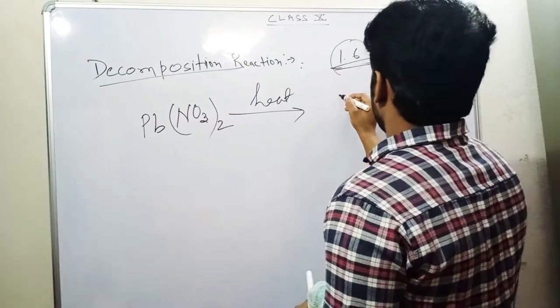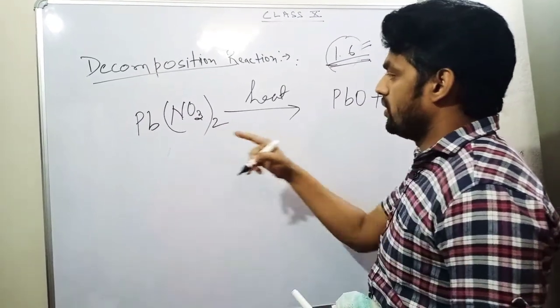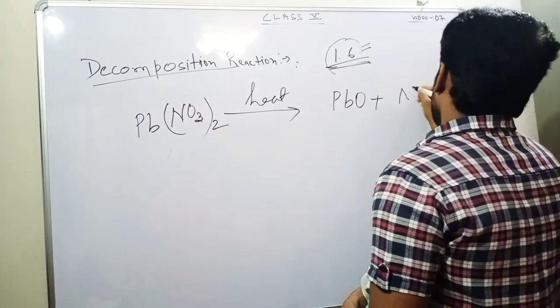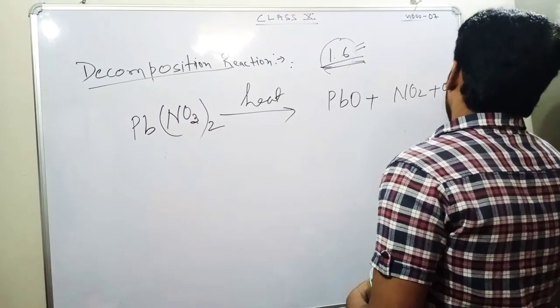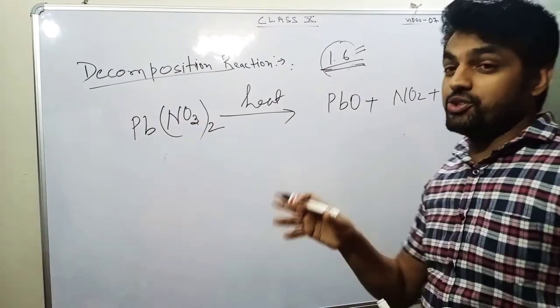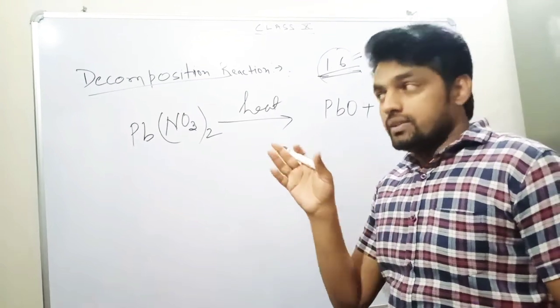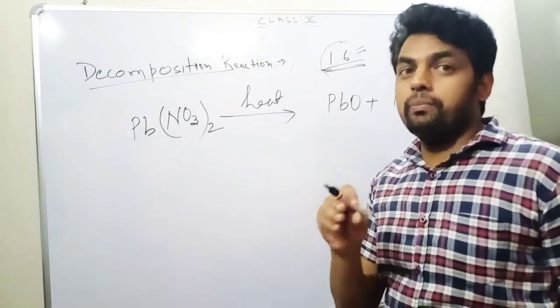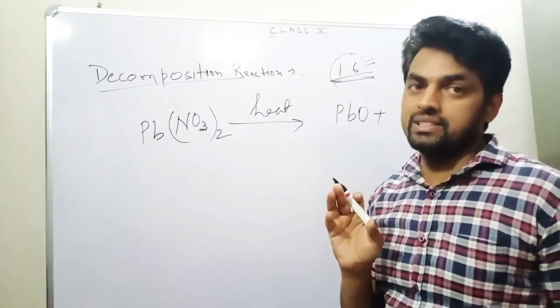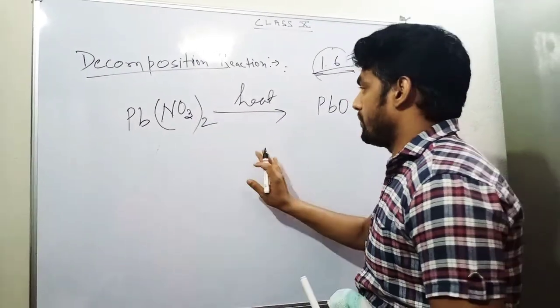Whenever heat is supplied, what will it form? It again splits into three different substances: PbO, NO2, and O2. These equations are not balanced. You have to balance them by yourself. While balancing, you can improve your balancing capacity. I am just giving what things are formed.